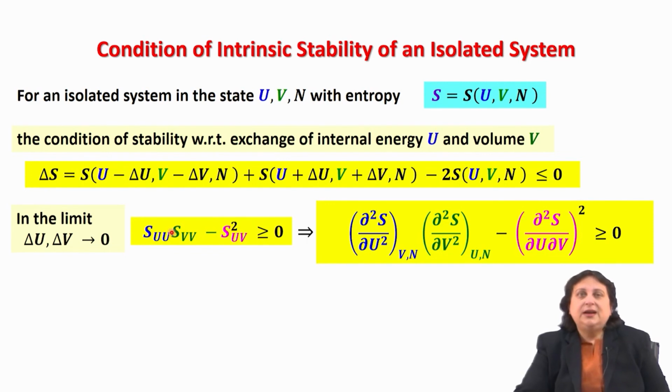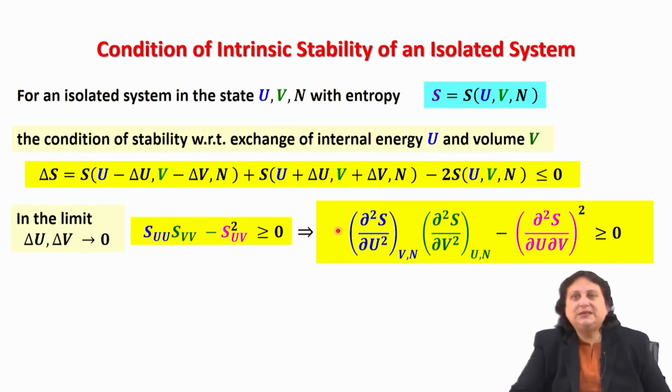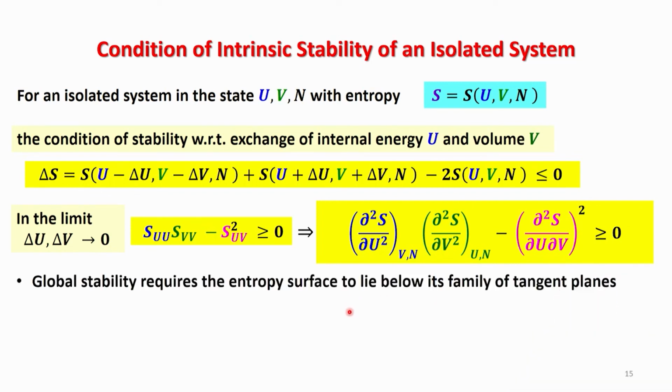So, if I write down explicitly the definitions of the second order derivatives, I find that if you are given the fundamental equation S as a function of U, V, N in a particular system, then you must have this condition satisfied for the stability of the system. So, it says that global stability requires the entropy surface, that is S as a function of U, to lie below its family of tangent planes.